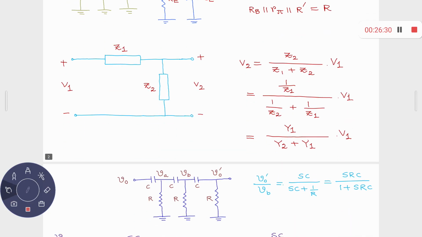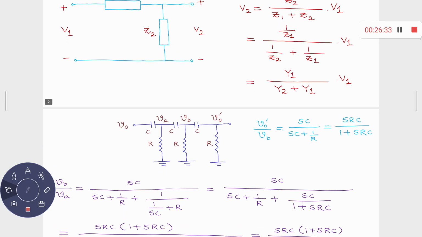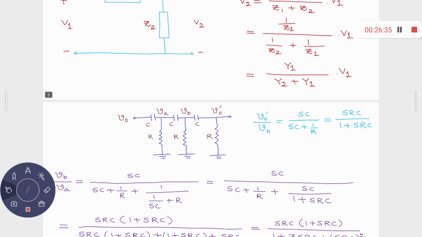Okay. So now, what is this part? Feed network or back network? Back network. This is the input of the back network, VO, the output voltage, and this is VO dashed. Because already we know the relation between the input and output of an amplifier.